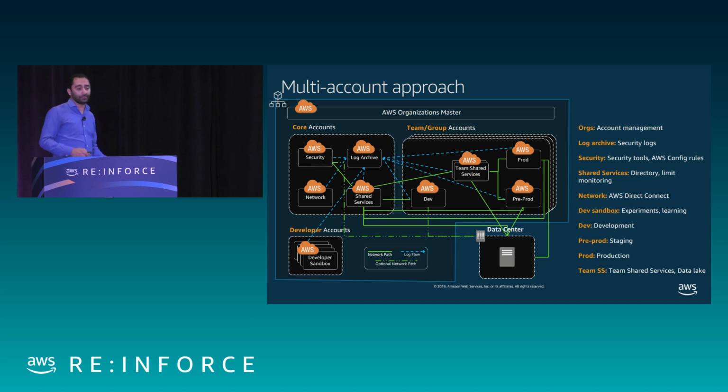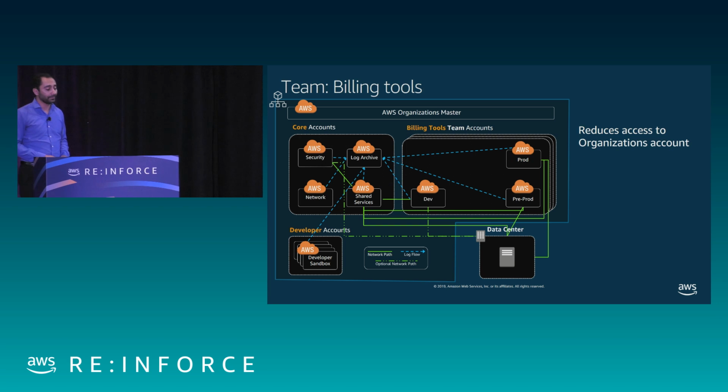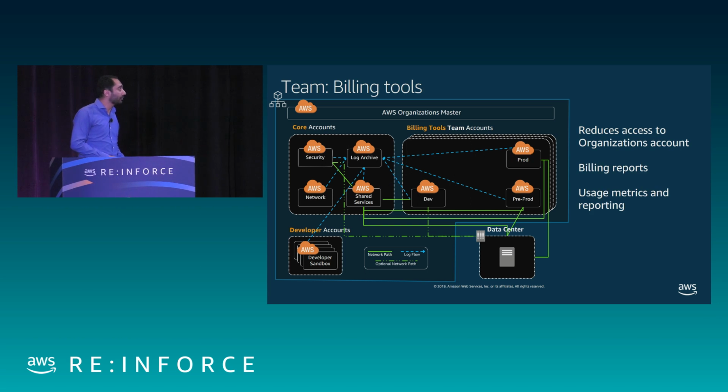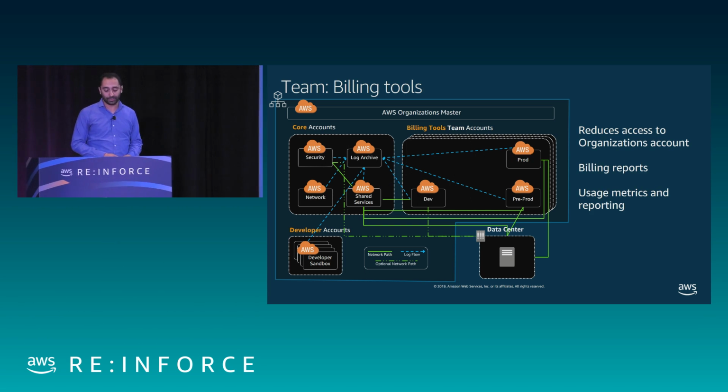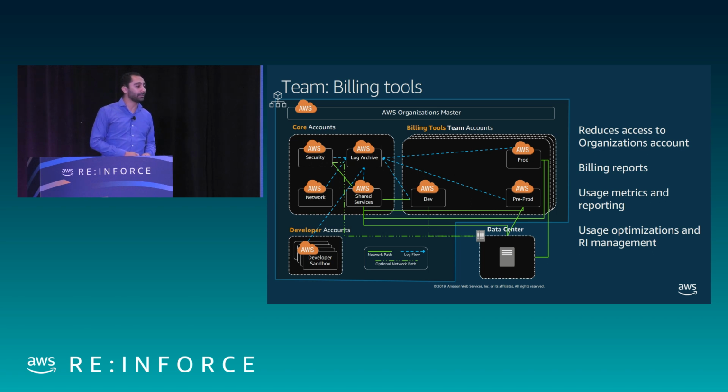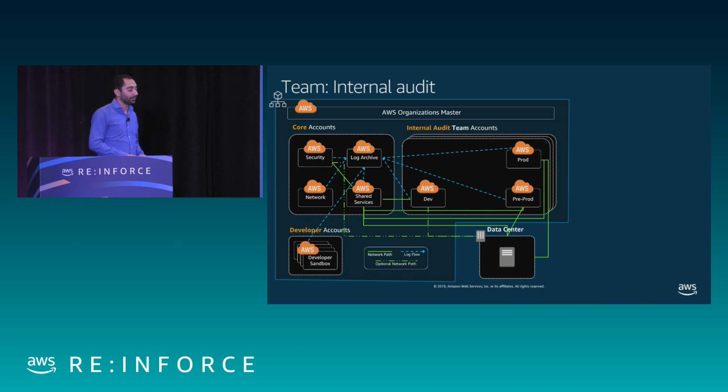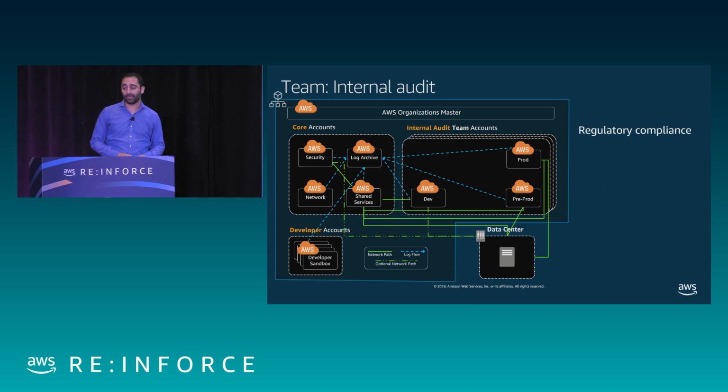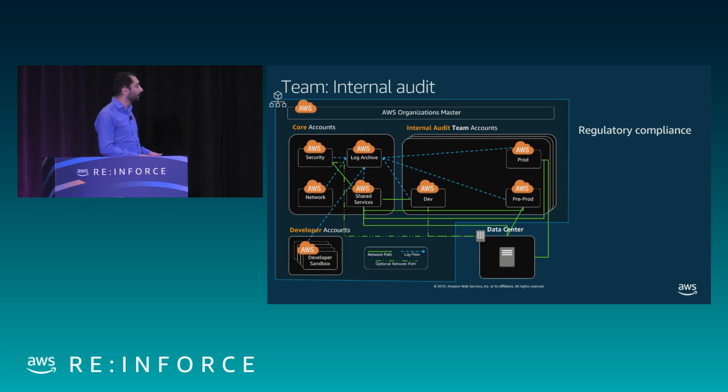And then some examples of the first teams that might make sense. Maybe a team to help manage your bills and cost optimization and make sure that you're buying the right reserved instances so that you're saving as much money as you can or minimizing your costs. Or if you've got an auditing team that has decided they do want their own copy of the logs, or even just want to run tooling to access the log archive logs so that they can determine if we've met some compliance rules or regulations.